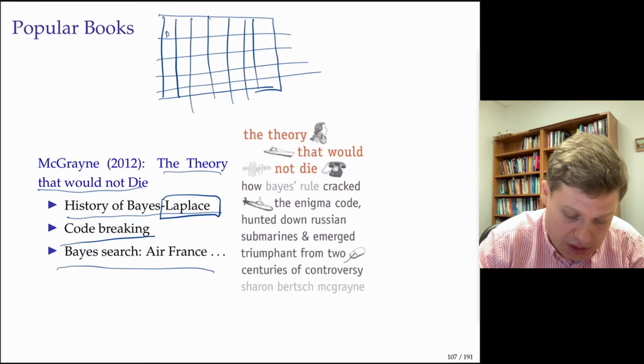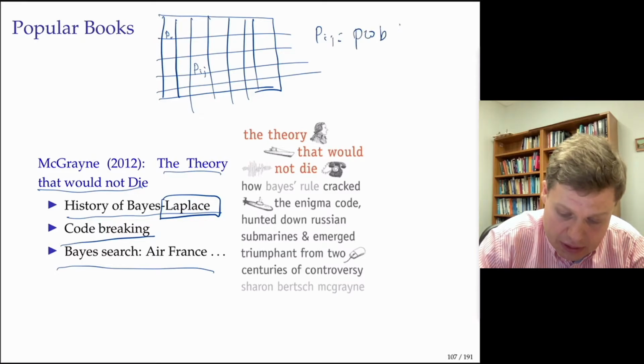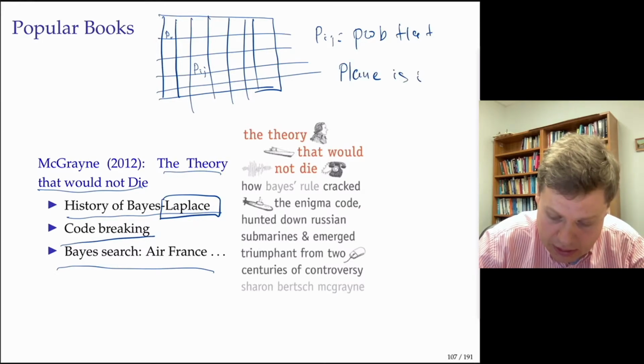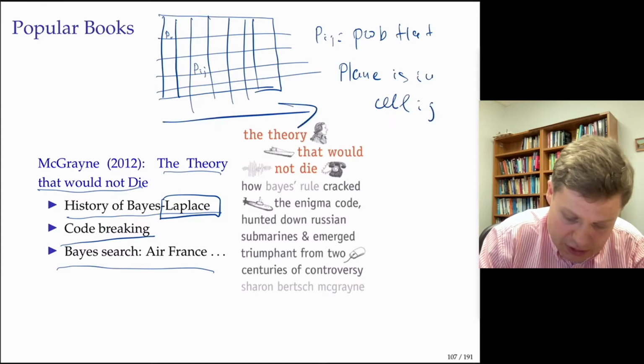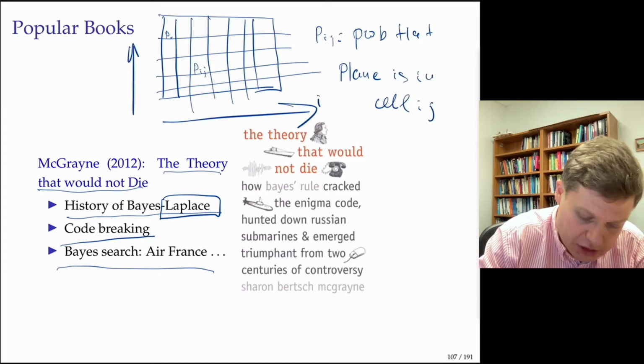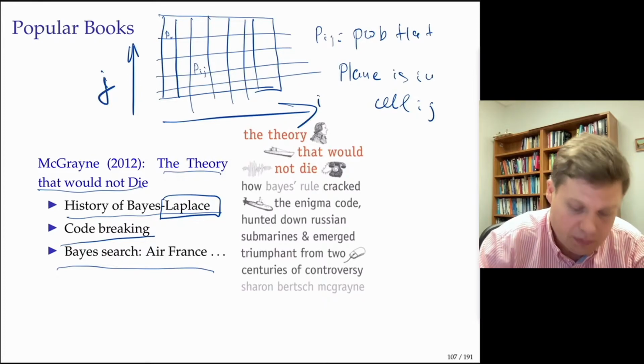So each cell will have a probability p_ij assigned to it. So p_ij is the probability that the plane is in cell ij. Let's say you have index i in this direction and index j in this direction.